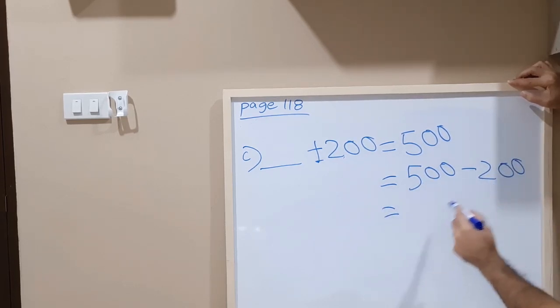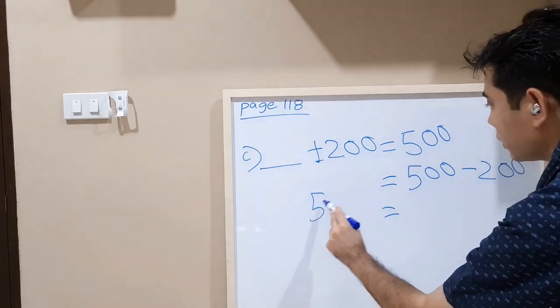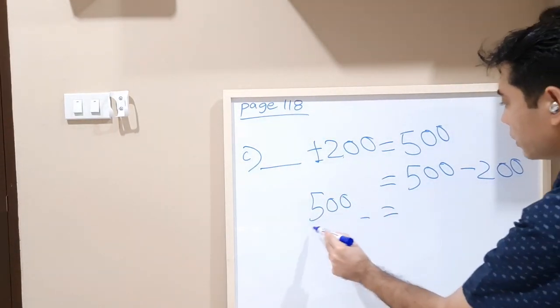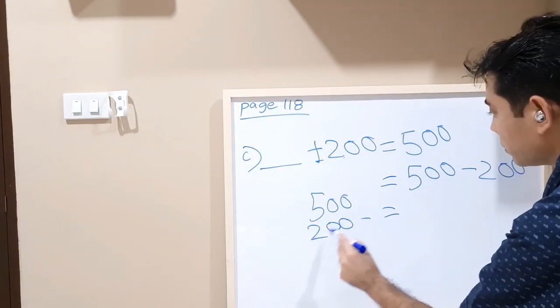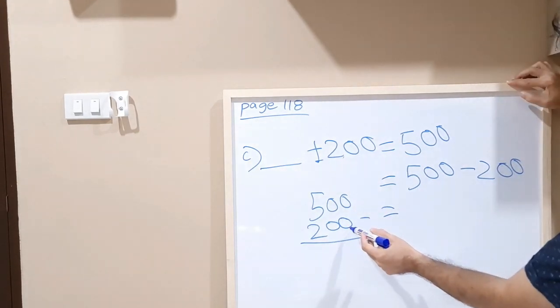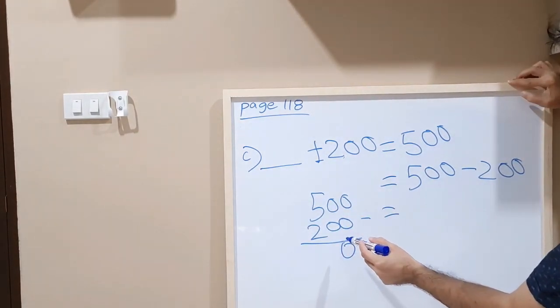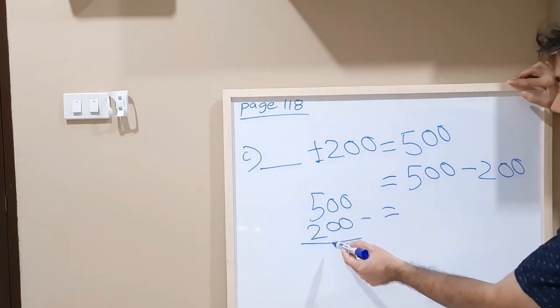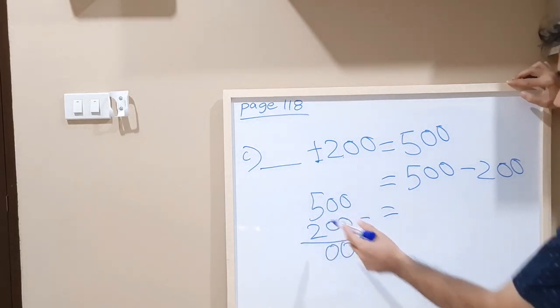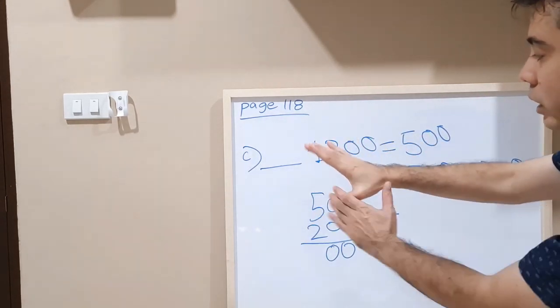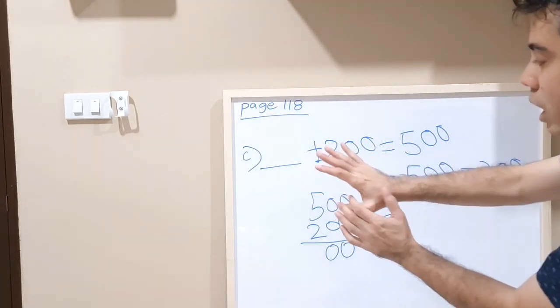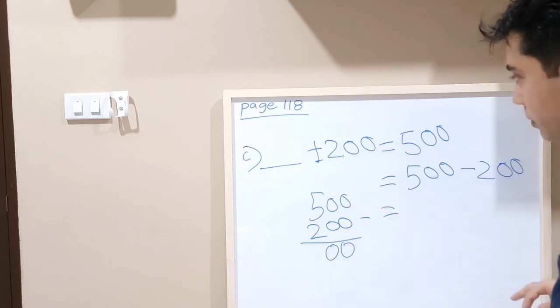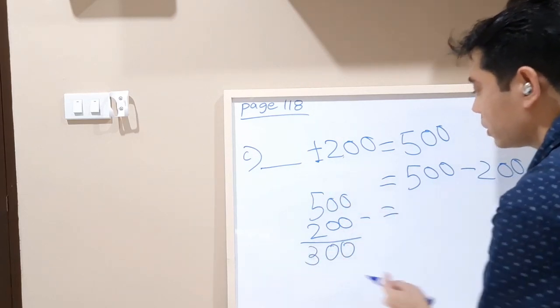So 500 take away 200. 0 minus 0, 0. 0 minus 0, 0. 5 minus 2 or 5 take away 2. 1, 2, 3. 3.